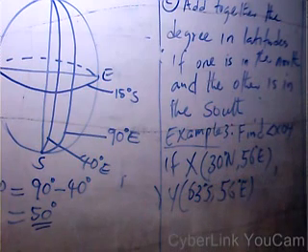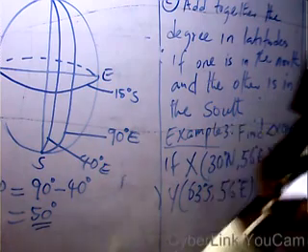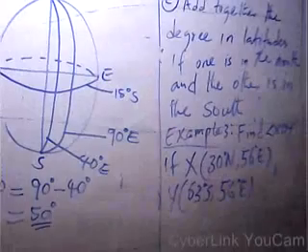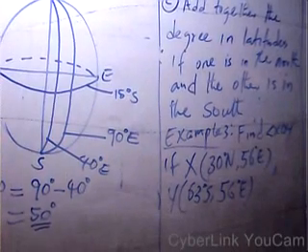So if you look at the two points, X and Y, you see that the two of them are on the same longitude.